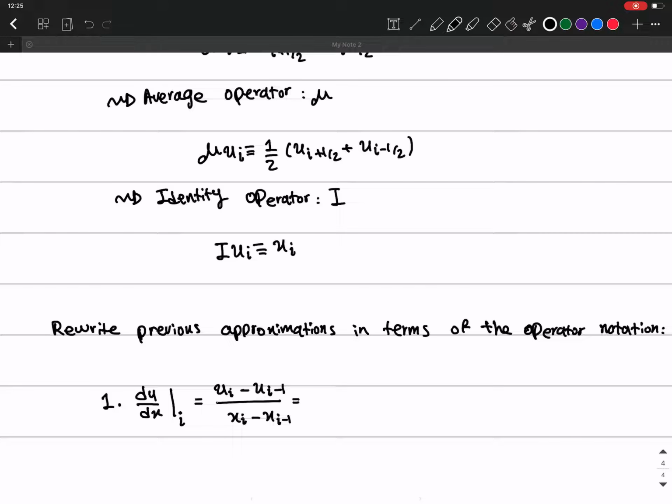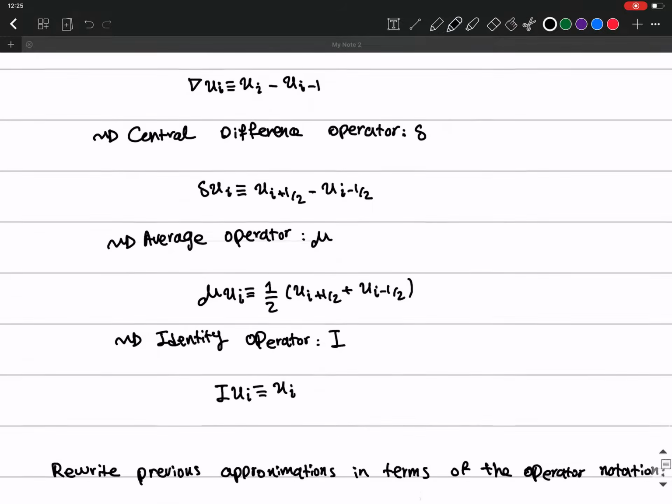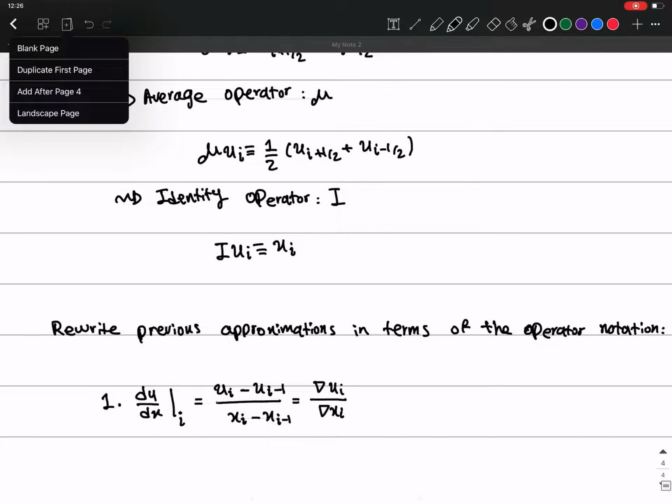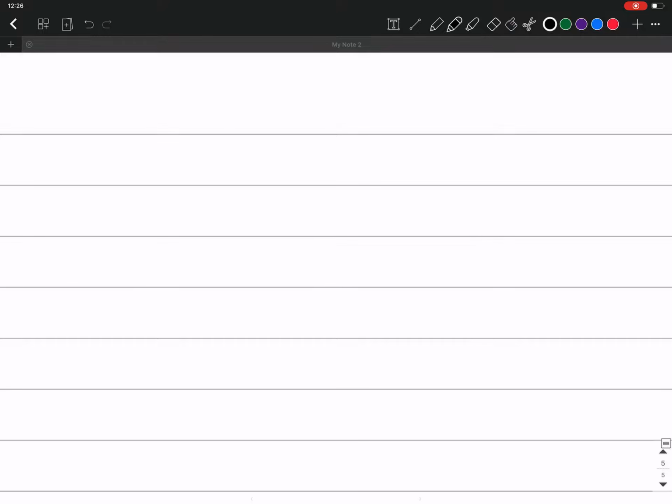As you see, both of them are backward difference operators, so I can write this as grad ui over grad xi, because both of them are backward.